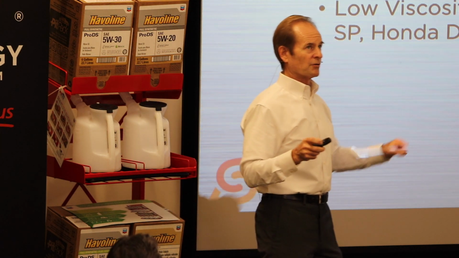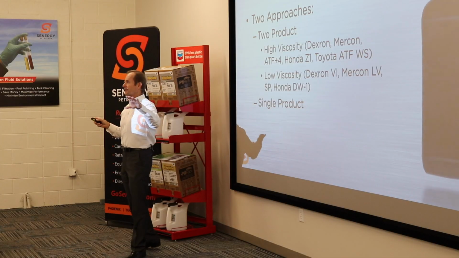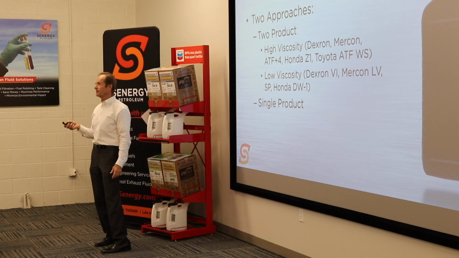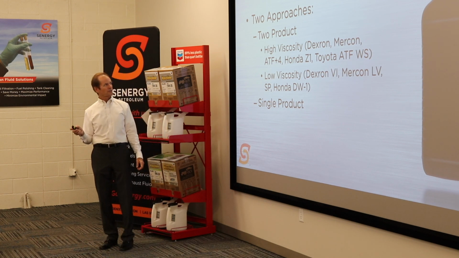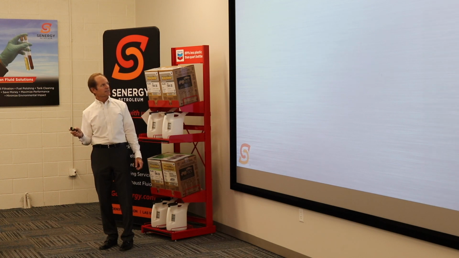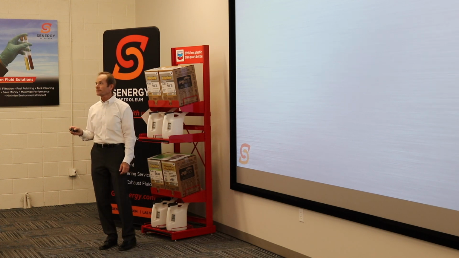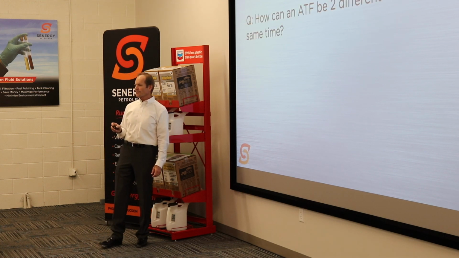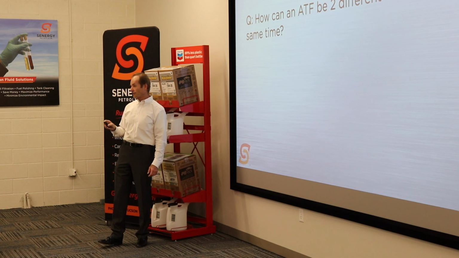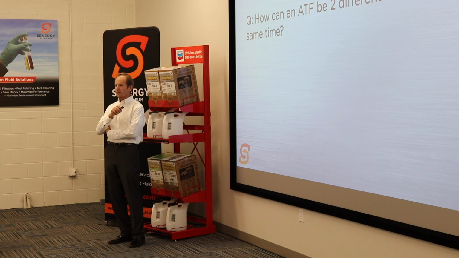All right. The other approach, other than this two-product approach, is the single product approach. A single product approach to a two viscosity system. That led me to question when this first came out a couple of years ago, how can an ATF be two different viscosities at the same time?